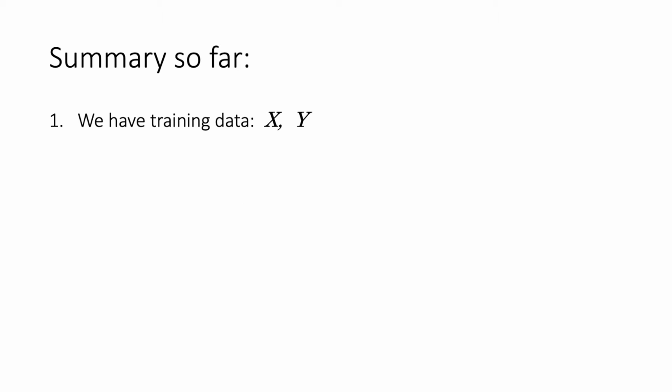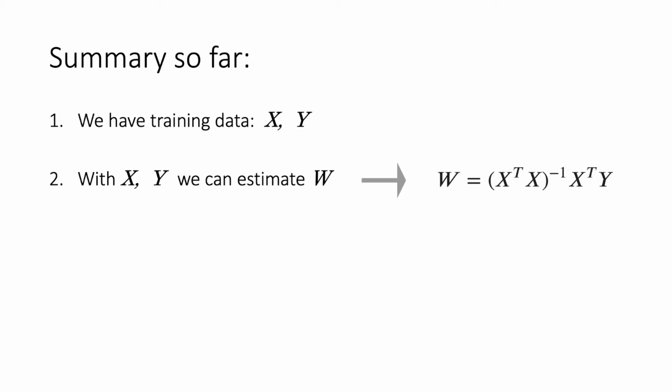Summary so far. First, we have training data, meaning the input variables in the matrix X and the output variable Y. Then with X and Y, we can estimate W with the equation we saw previously.